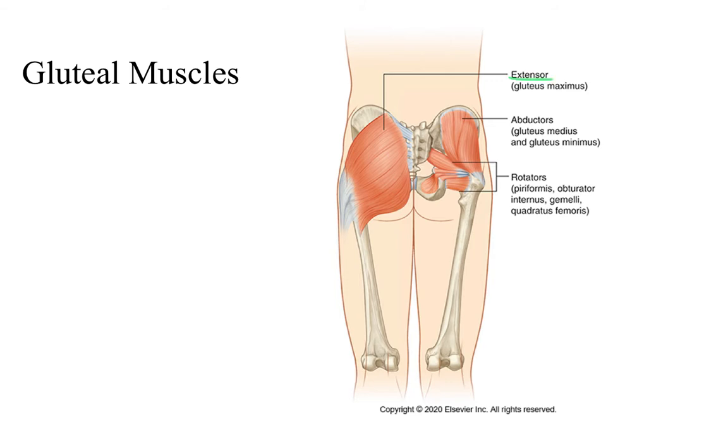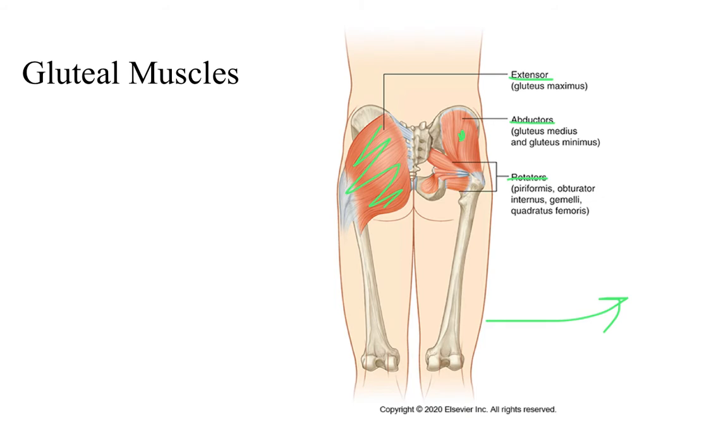You have your extensor muscle, and the major one is going to be your gluteus maximus right here, which we refer to as our butt muscle or glutes. Deep to that, we'll have our abductors, which will take the leg away from the midline, and that's going to be our gluteus medius and gluteus minimus, which is directly underneath the gluteus medius here. And then we have our rotators, all right, our rotators.